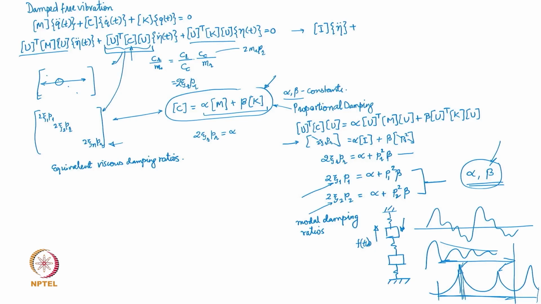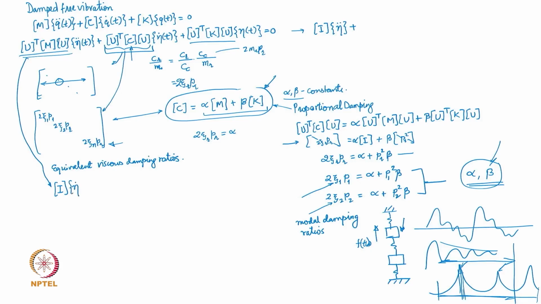Well, with this background, let us relook at how I rewrite this equation of motion. Now I have the mass matrix pre-multiplied and post-multiplied to result in the identity matrix.